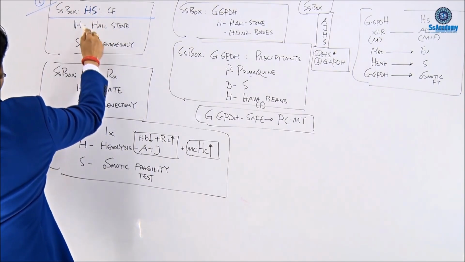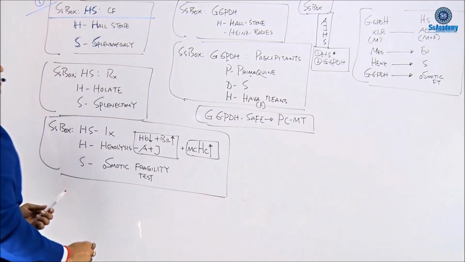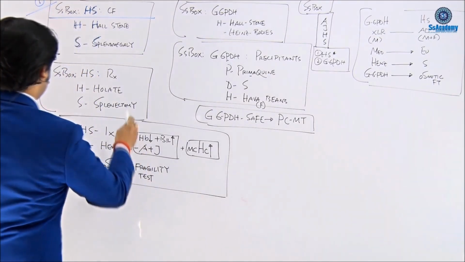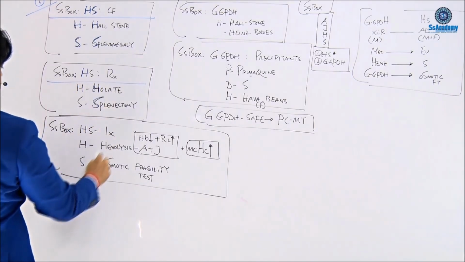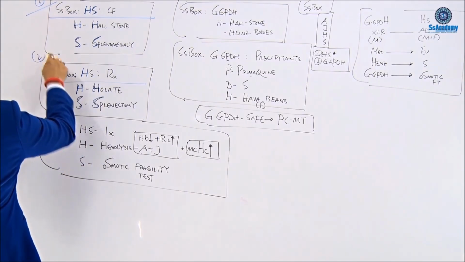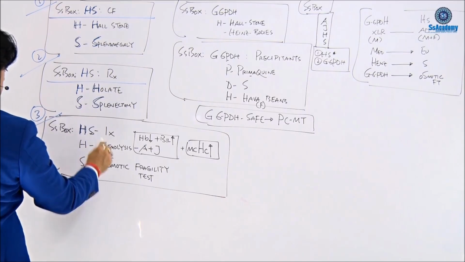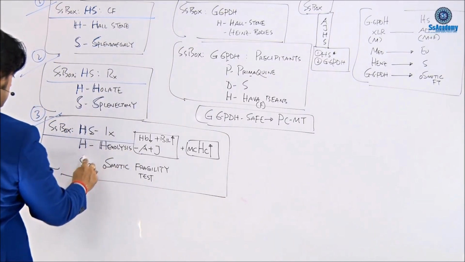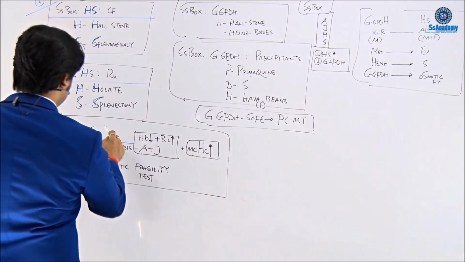Clinical features: H for gallstone and S for splenomegaly. Next is H for hemolysis, the treatment, and S for splenectomy is a treatment. Next, the third box is investigations, HS investigation. Once again, you see there is H for hemolysis evidence and S for osmotic fragility test as the investigations.